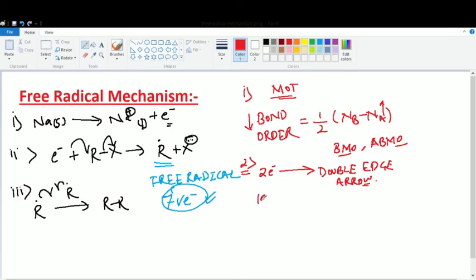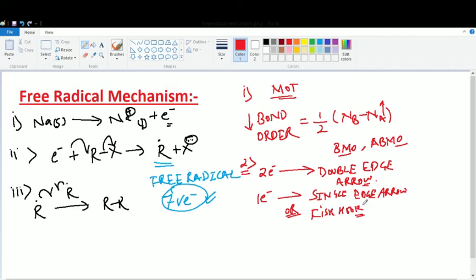When only one electron is going to attack, then we will represent it as a single-edge arrow. I think everybody knows about this. So this is your single-edge arrow, or sometimes we call it a fish-hook bond.